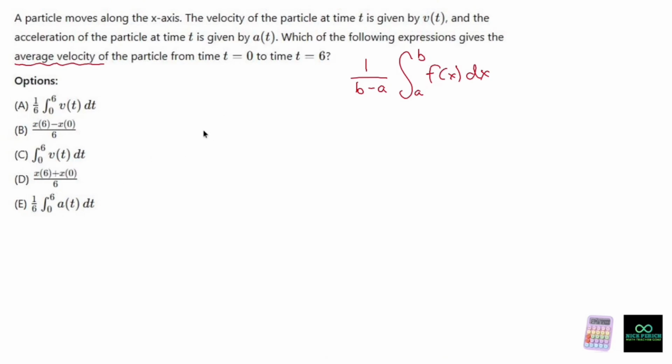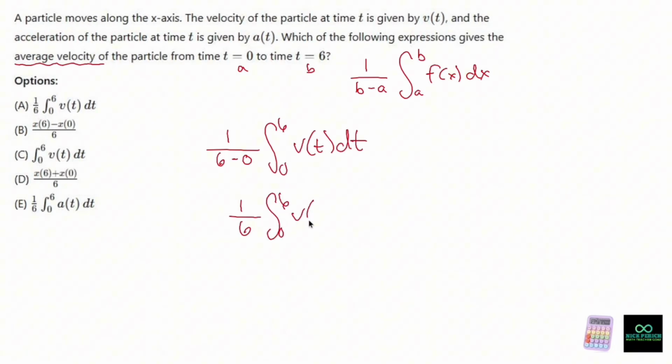So that's going to involve us taking 1 over, now here would be my A, here would be my B, 1 over 6 minus 0 times the integral from 0 to 6 of the velocity function, v of t dt. So to simplify that, we get 1 over 6 times the integral from 0 to 6 of v of t dt, and that gets us the average velocity of the particle.